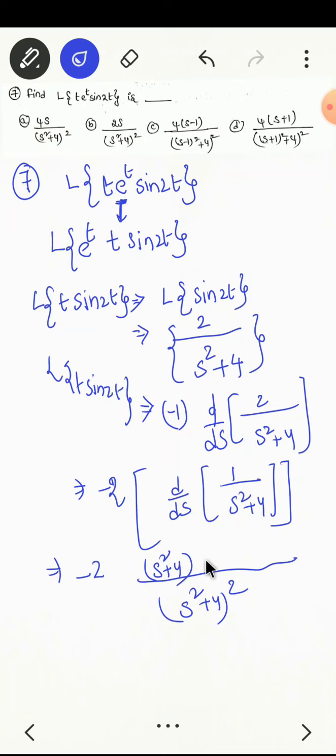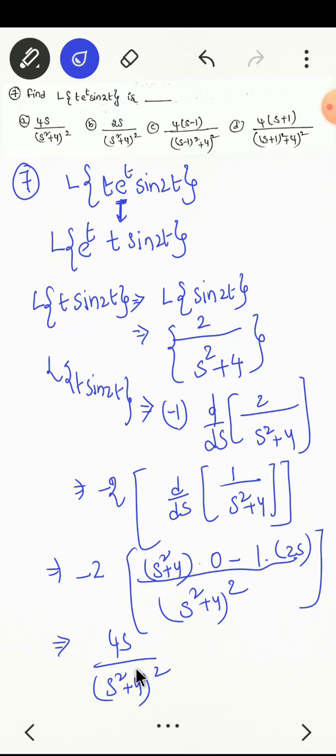So v I will keep like that only, into differentiation of u is 0, minus u like that only, differentiation of v is 2s. So total, this is 0, here minus 2s, minus 2 times minus 2s, total is 4s divided by s square plus 4 whole square.